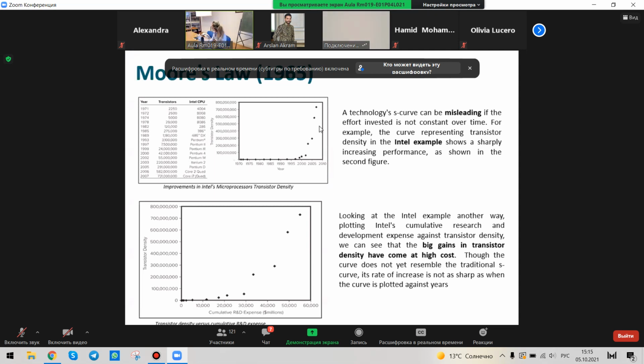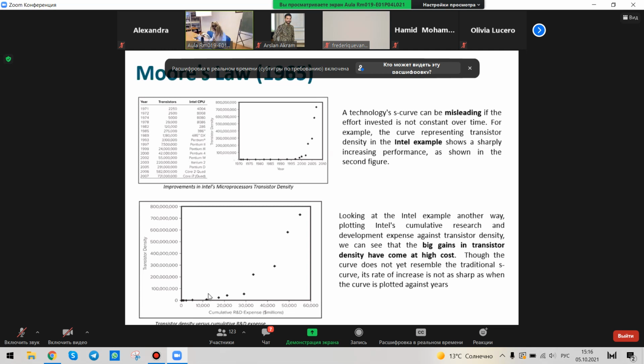If we plot these, so the technology improvement that in this case is represented by the density of the transistors, with the expenses in R&D, okay? So here we plot the improvement and time. In the second graph, we plot the improvement in technology and the expenses, so the effort, okay, in R&D.